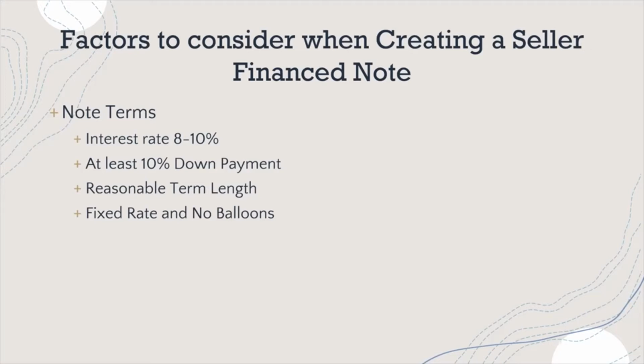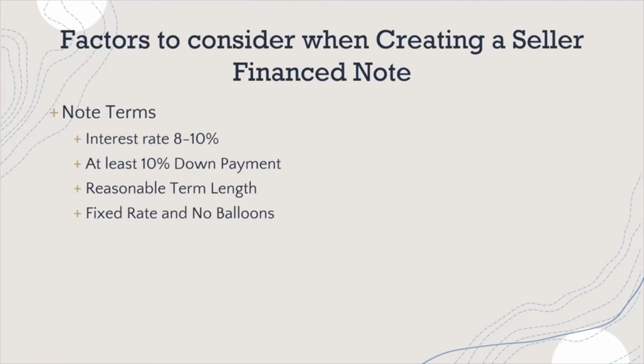Even if you do put a balloon into the note, if they're not in a position to get refinanced, you still have to modify that note and go past the balloon. So it doesn't gain you anything. Make it 30 years, 20 years, whatever, straight amortization. Make it simple, straightforward, very predictable, giving them the ability to refinance at any time.